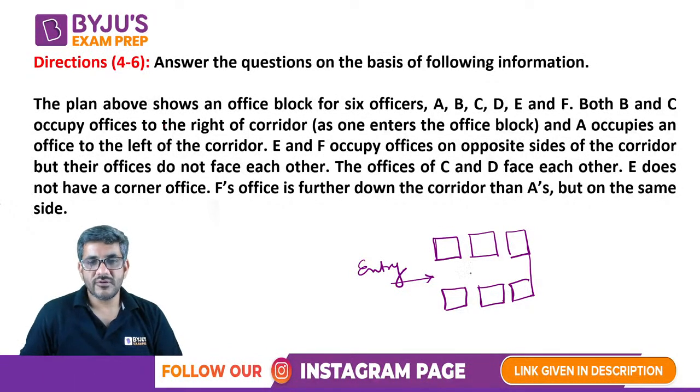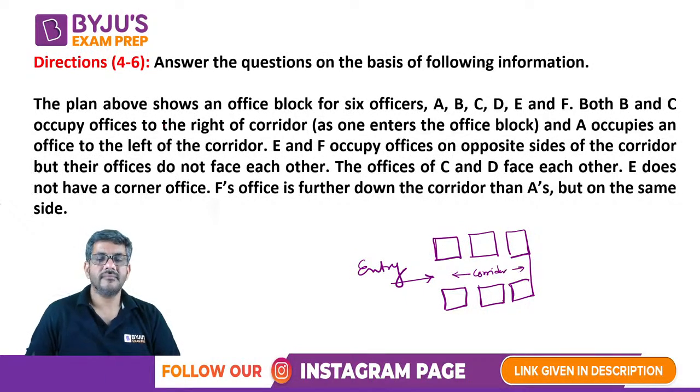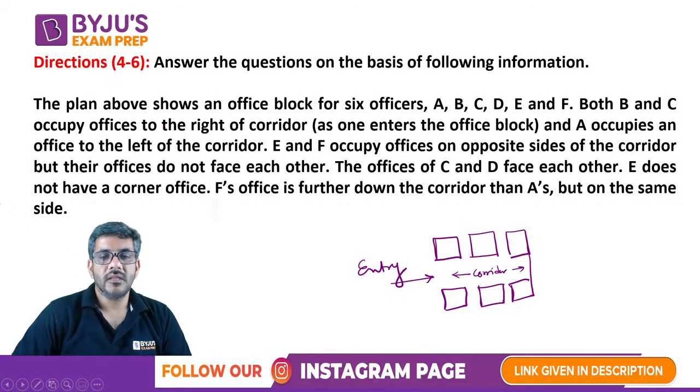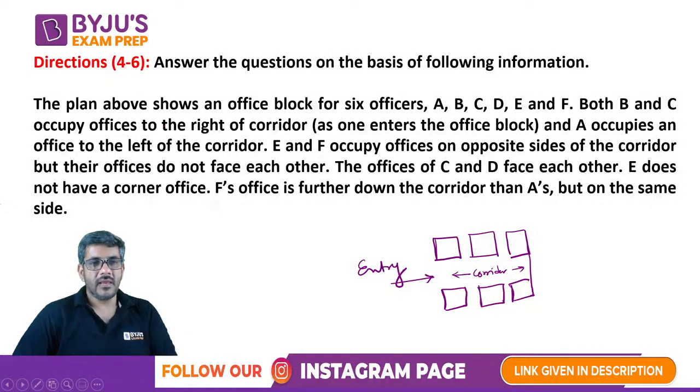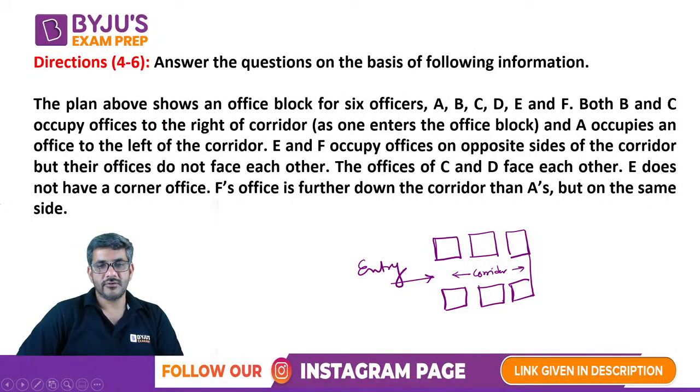So this is the corridor that we have here. Both B and C occupy offices to the right of the corridor as one enters the office block, and A occupies an office to the left of the corridor.